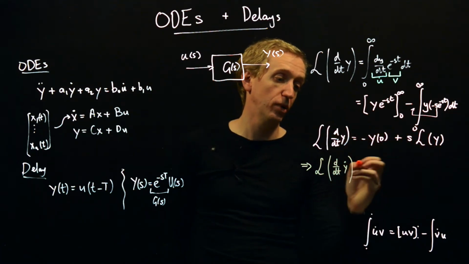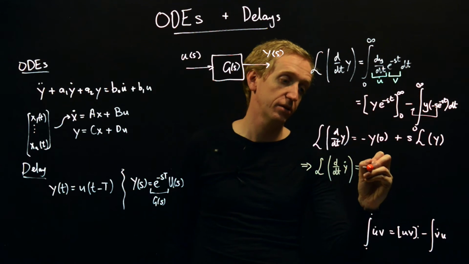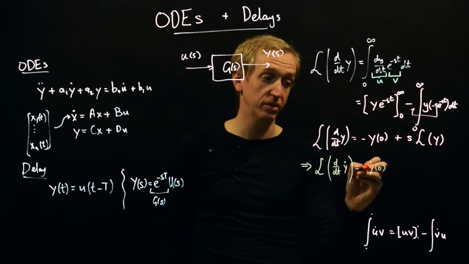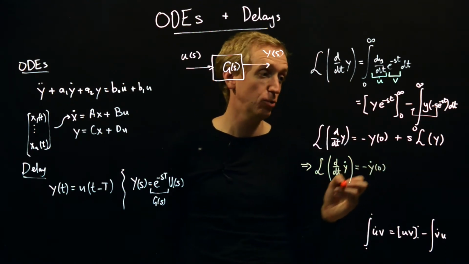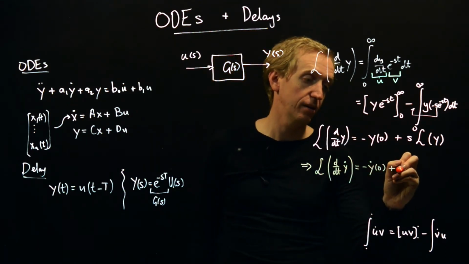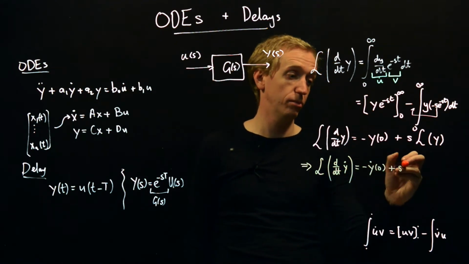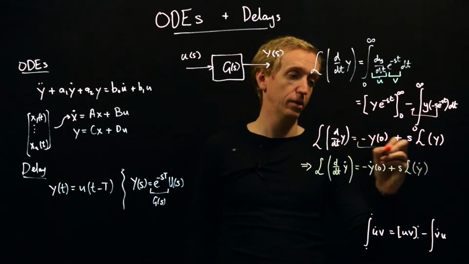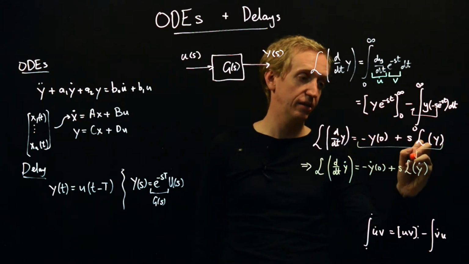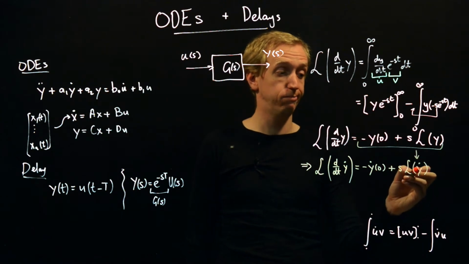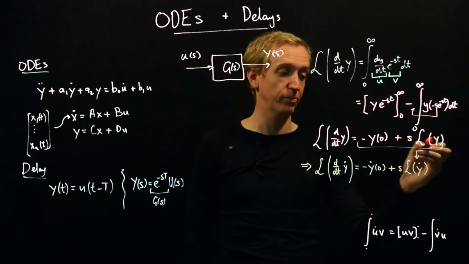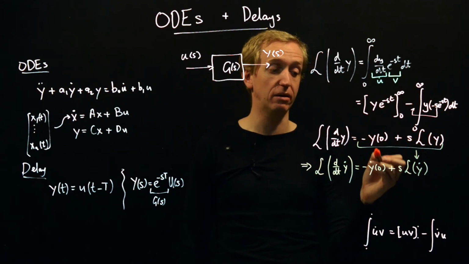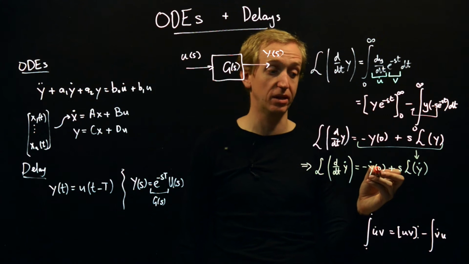Applying this rule, this is just equal to minus y dot of 0, the value of the first derivative of y with respect to time at t equals 0, plus s times the Laplace transform of y dot. Then just by substituting this in here, we end up with something that depends on the Laplace transform of y and the value of y and some of its higher order derivatives at the time t equals 0.